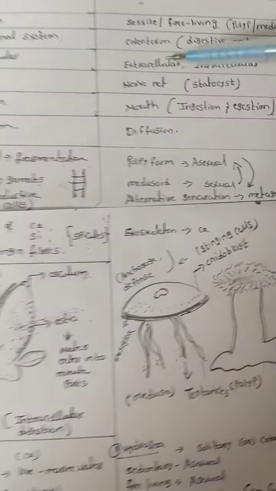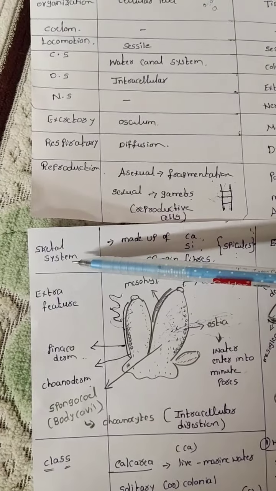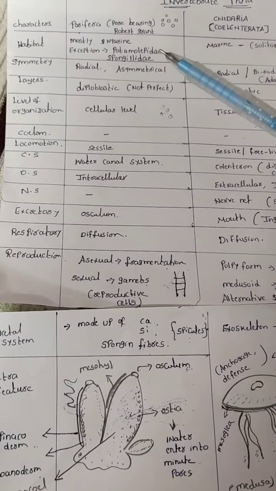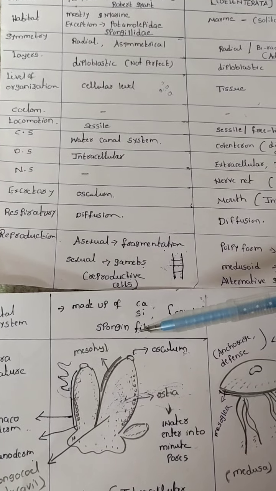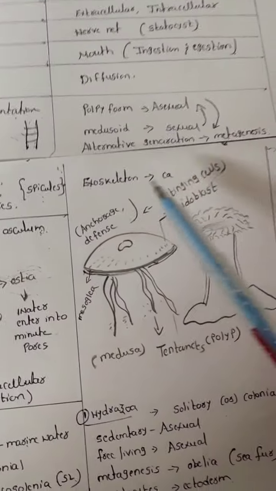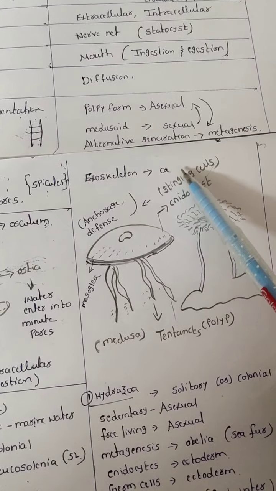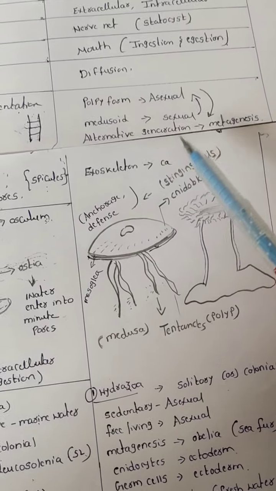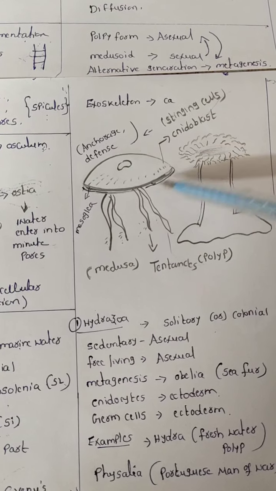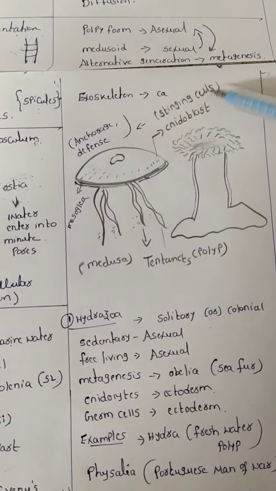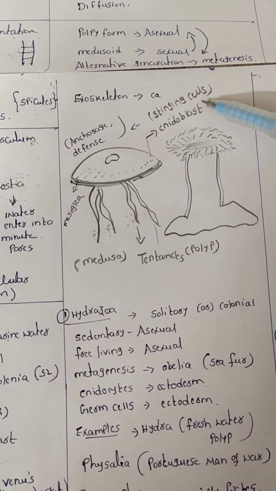And then if we go for the exoskeleton, the skeletal system: in Porifera, the skeletal system is made up of either calcium, silicon, or spongin fiber. But here the exoskeleton is made up of calcium. Now, this one I already said, these are the tentacles, and they have specialized cells called stinging cells.